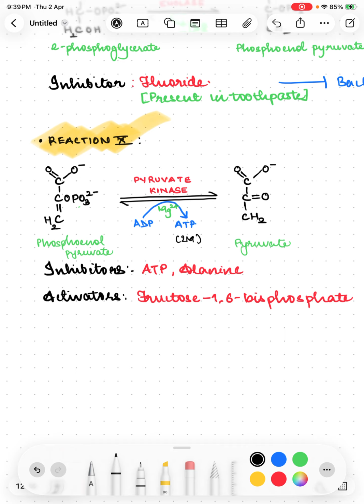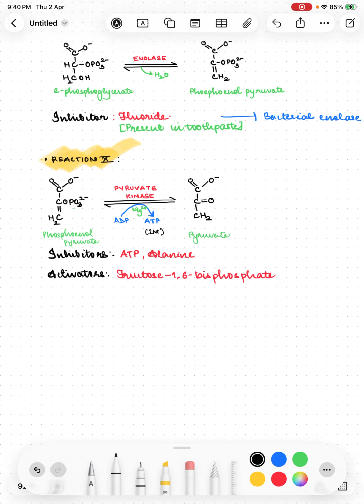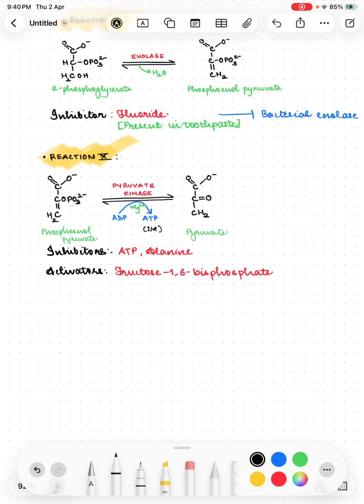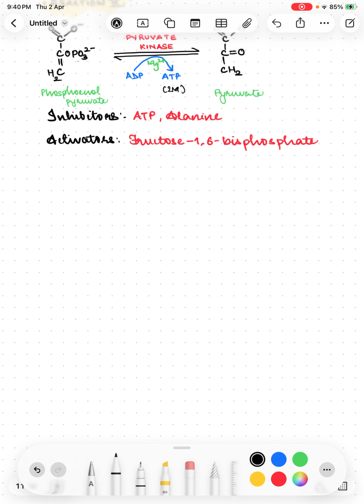The reaction occurs with the help of the enzyme pyruvate kinase, and this enzyme also requires Mg2+ ions. The inhibitors of this enzyme are ATP and alanine, which is an amino acid, and the activator is fructose 1,6-bisphosphate. When fructose 1,6-bisphosphate is synthesized, we know that it is a confirmation that glycolysis will occur. Thus, it is an activator.